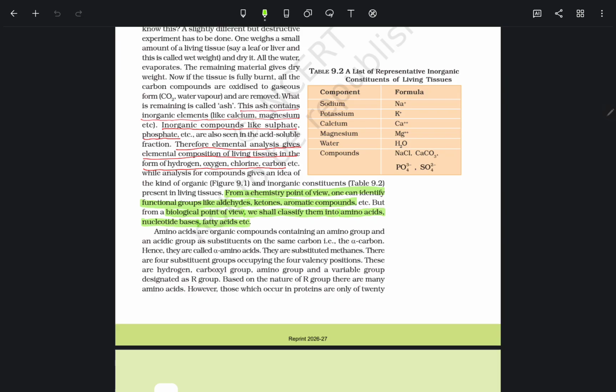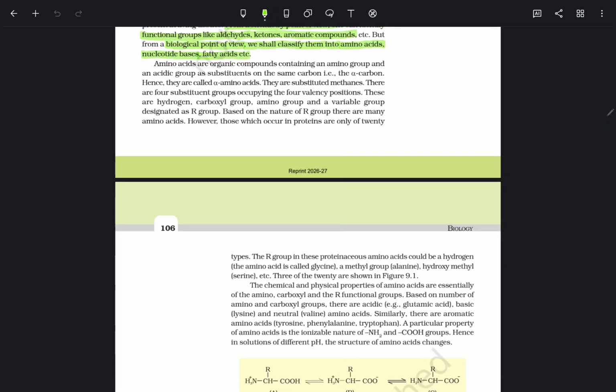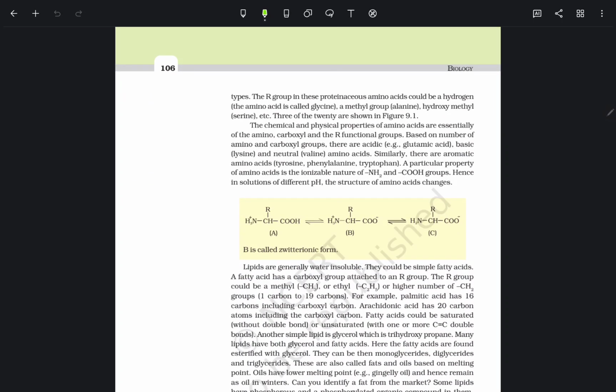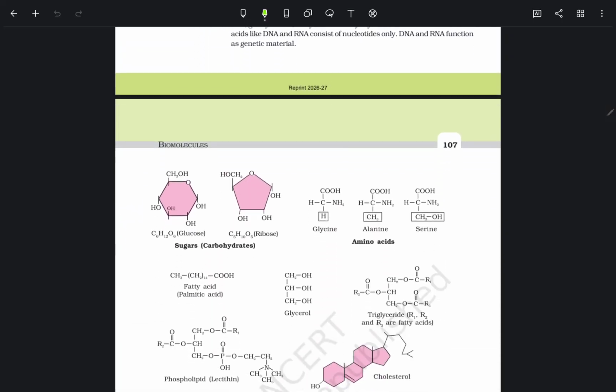However, those which occur in proteins are only of 20 types. The R group in these proteinaceous amino acids could be hydrogen, and the amino acid is called glycine; methyl group, alanine; hydroxymethyl, serine. Three of the 20 are shown in figure 9.1.